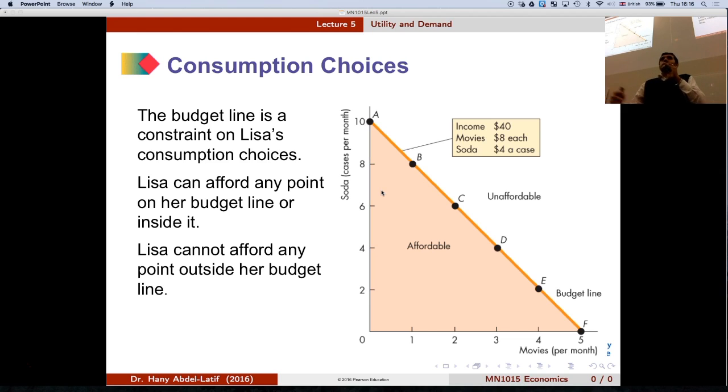So the question here: can she buy 12 sodas? Is it possible for her to buy 12 or 15 sodas? Simply she can't, because her income and the price of soda wouldn't allow her to do that. So any point above this line is not affordable, not attainable. She can't buy this combination of soda and movies.